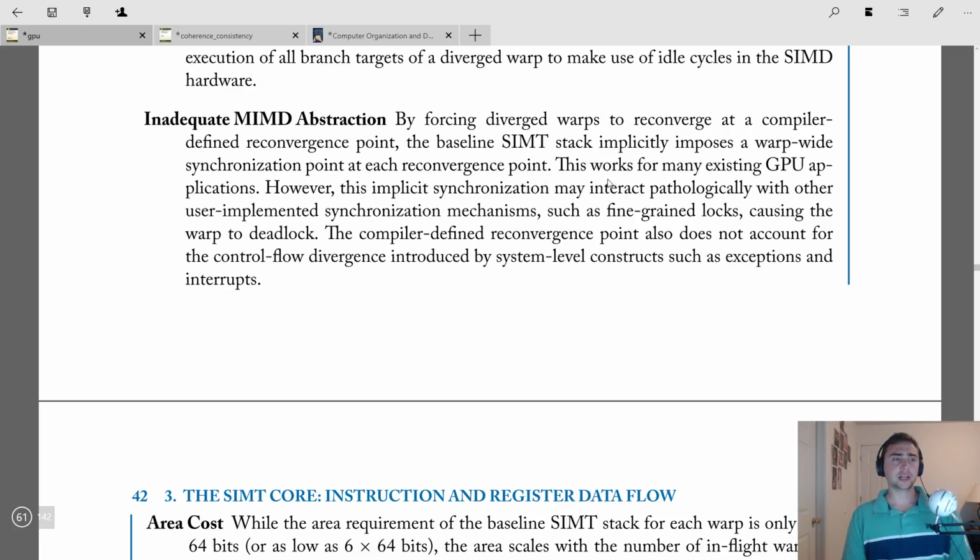While this works for many existing GPU applications, this implicit synchronization is not necessarily a good thing, right? As I mentioned earlier, there are problems with the SIMT stack in terms of things like fine-grained locks, which could cause warps to deadlock, which again is something that's been more or less solved with more recent stackless architectures.